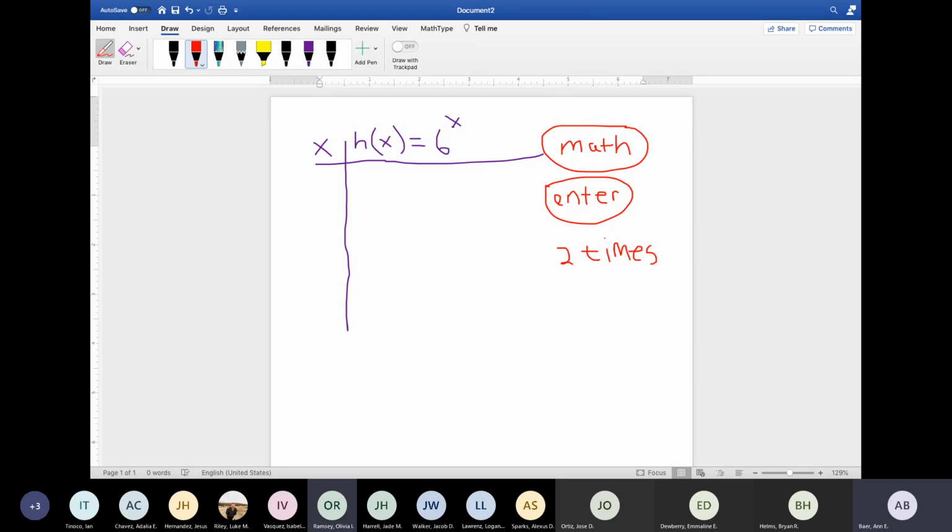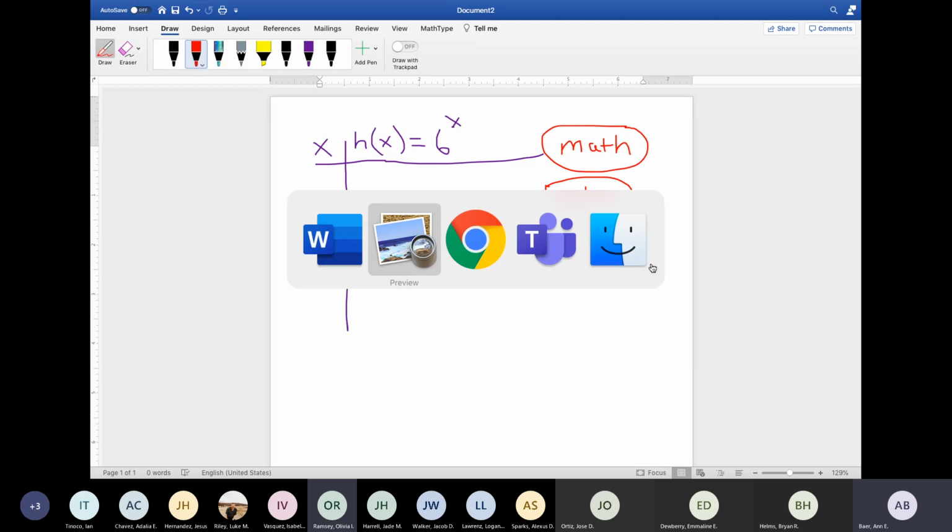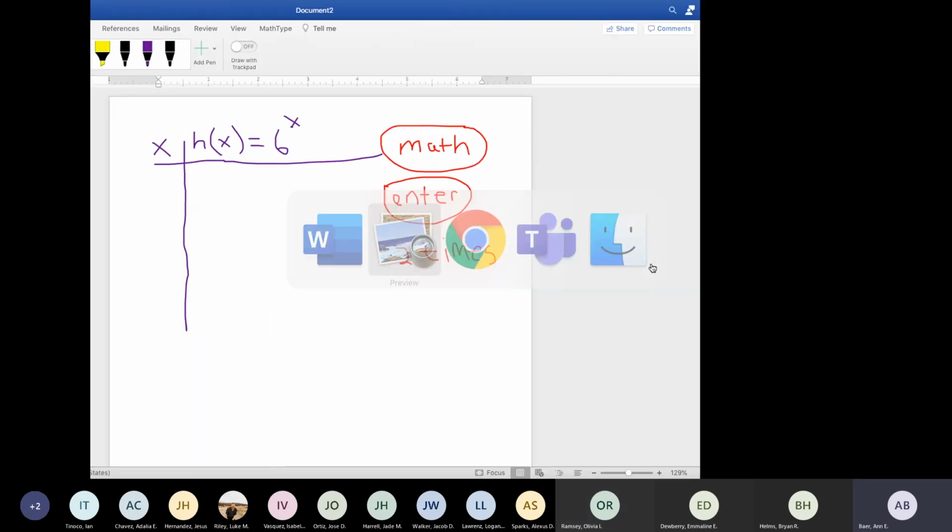Math, enter, enter. Can somebody tell me what they got? Don't you just get a fraction? Yes. This is showing you how to convert to a fraction. So what fraction did you get?